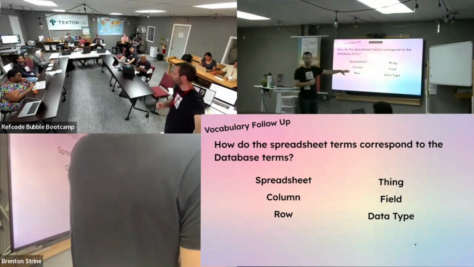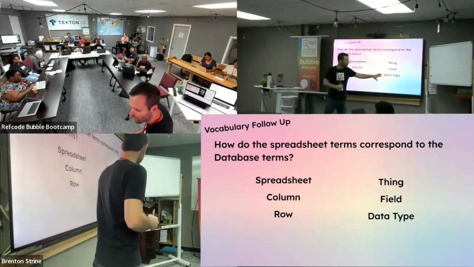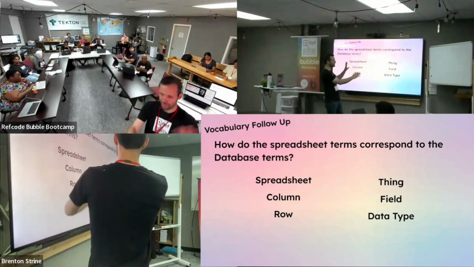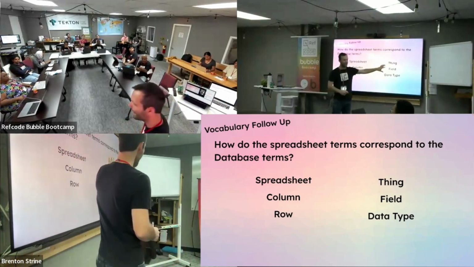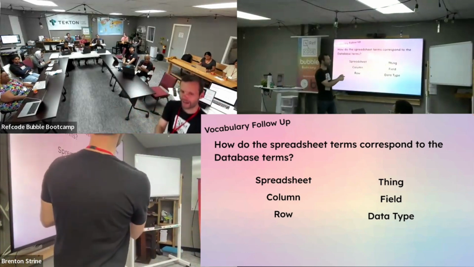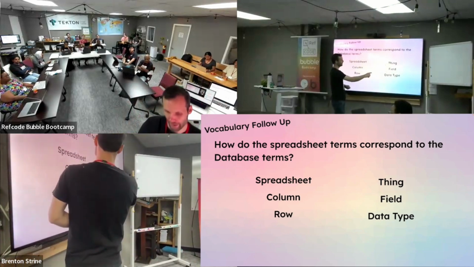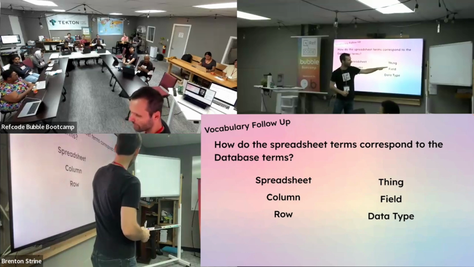So we know what a spreadsheet is. That's like Microsoft Excel. And did you know that these kind of correspond? So I mixed them up. A spreadsheet corresponds to what in Bubble terminology? So I want you to draw arrows in your mind between these things. So what do we think spreadsheet connects to in this column? Thing, field, or data type?